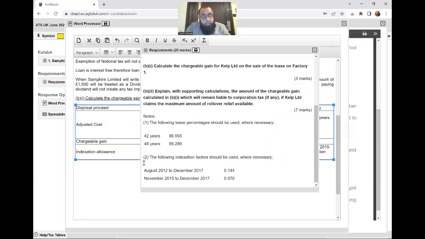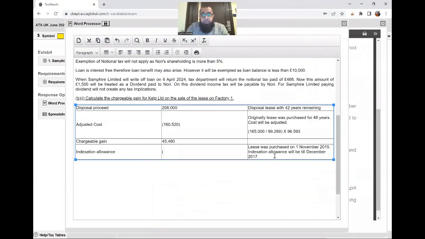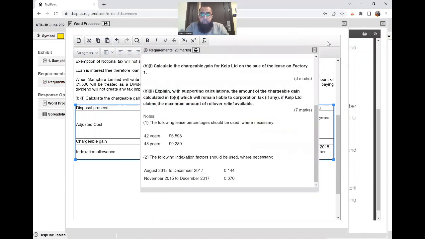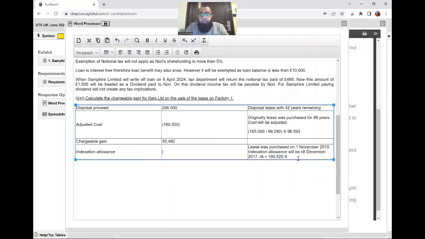In the requirement, the index factor is given. November 15 to December 17, it's 0.070. This is the index factor. Indexation allowance is equal to 160,520 multiplied by 0.070, I will repeat it again, don't worry.